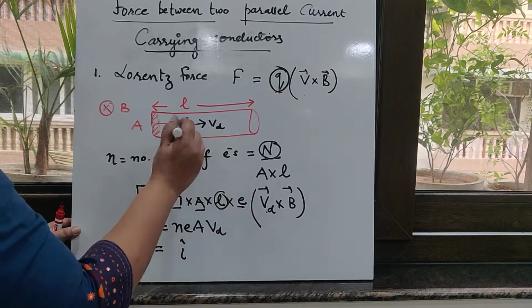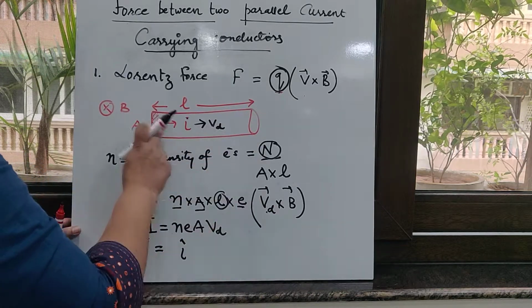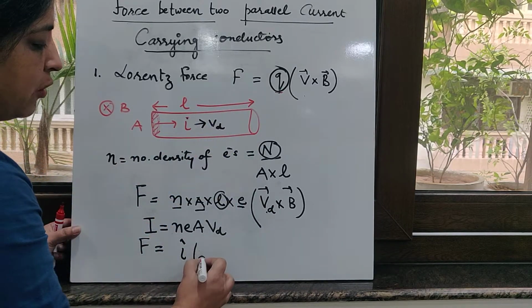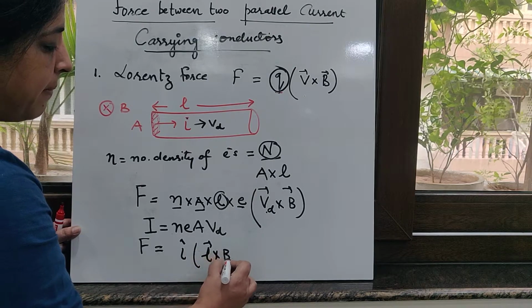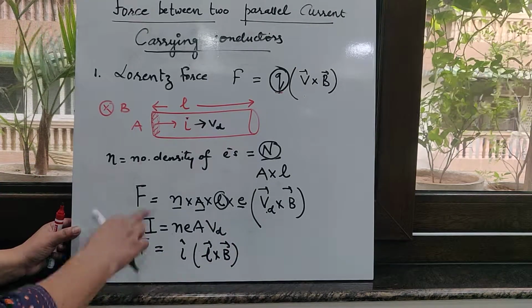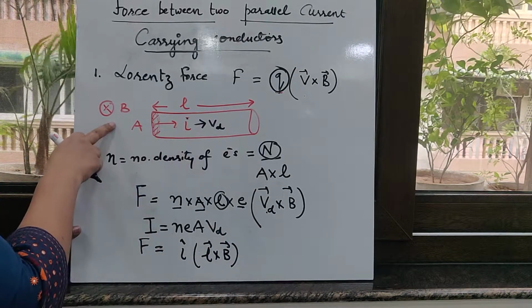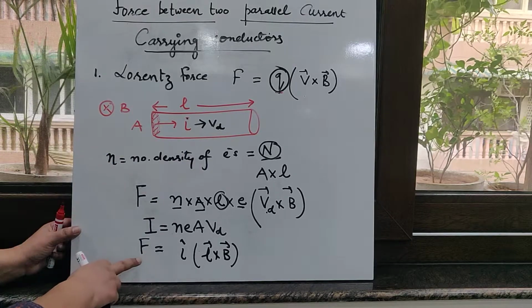Now L and Vd, the length and Vd are in the same direction, so I will write down L cross B. So force on a current carrying conductor present in the magnetic field is equal to I into L cross B.